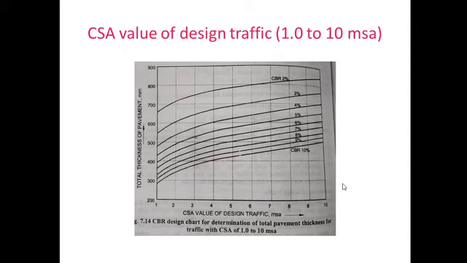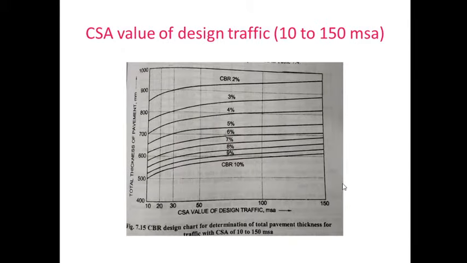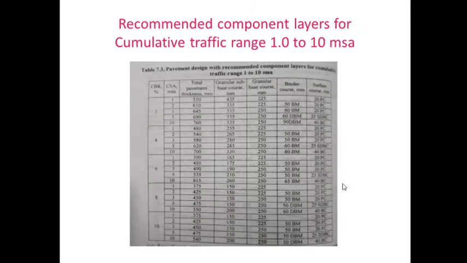Then we have to find the thickness of various layers such as subbase, base course, and binder course, which can be determined by using another table recommended by IRC. This table is recommended for cumulative standard axle 1 to 10 million standard axles. Another table shows cumulative standard axle 10 to 150.